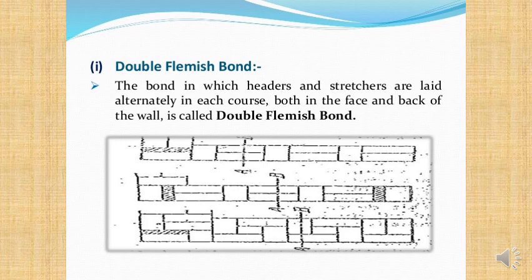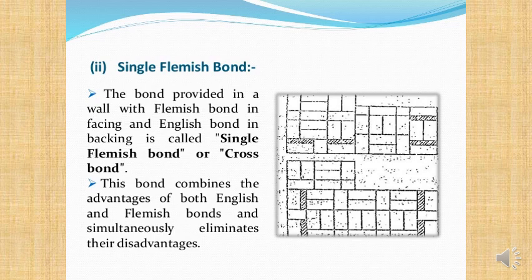Double Flemish bonds. And so, yeah, with a single Flemish bond, basically you have the two working lengths of a header overlap with the working length of a stretcher. And that's why you always have those dimensions of a working length being, let's say, 225 millimeters for the stretcher length and 112.5 millimeters working length for the header length.